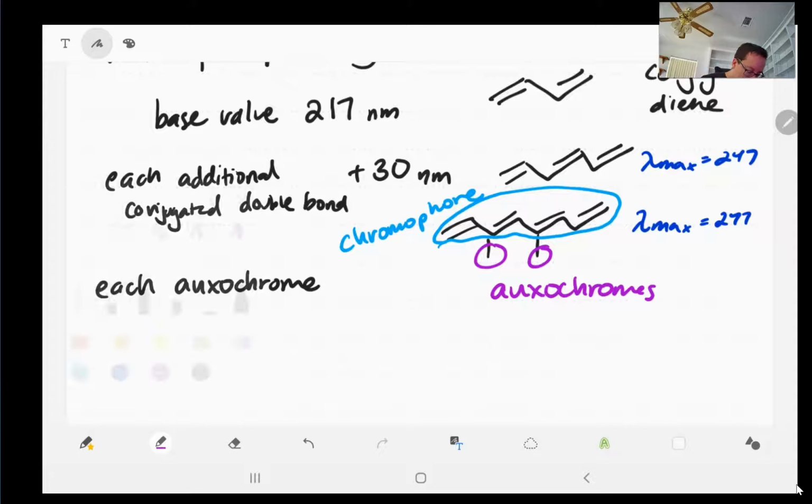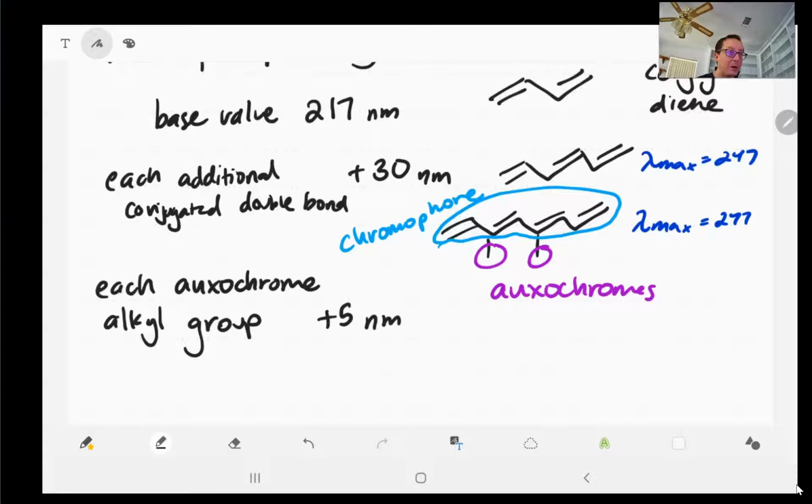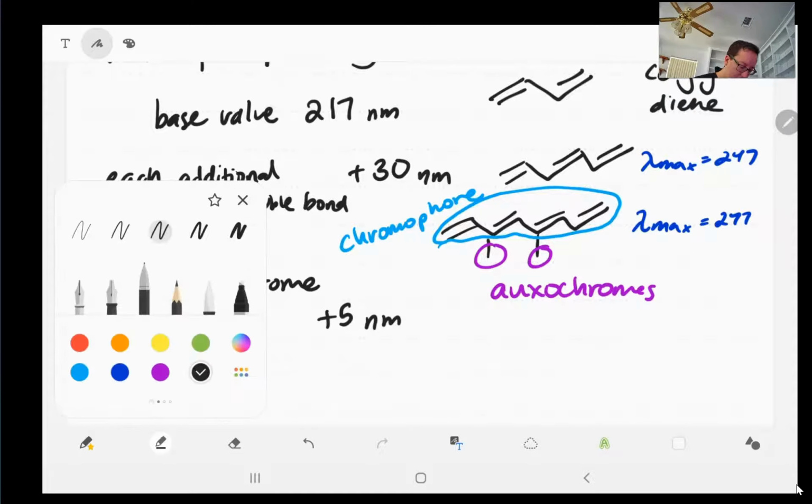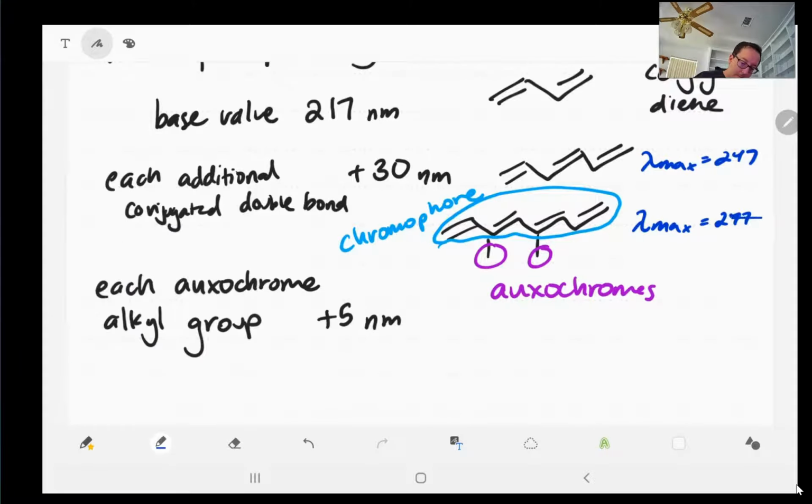And so we're going to see that each auxochrome alkyl group, oh my gosh, that's the worst spelling ever, group, is going to give us plus 5 nanometers. So if we have now those two methyl groups on there, it's now going to become 287.